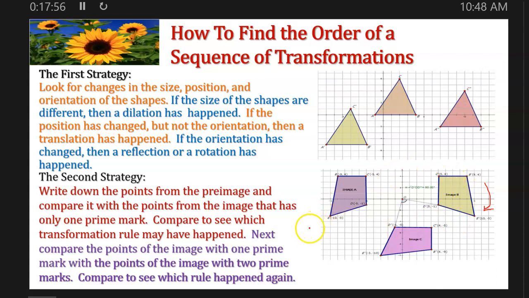So this is how we can tell mathematically and numerically what transformation takes place. Just compare the points and see, which rule did it follow? Did it follow the reflection rule? Did it follow the rotation rule? And then sometimes it's a translation. But remember, when it's translations, the orientation of the shapes or the points won't change, just the location.